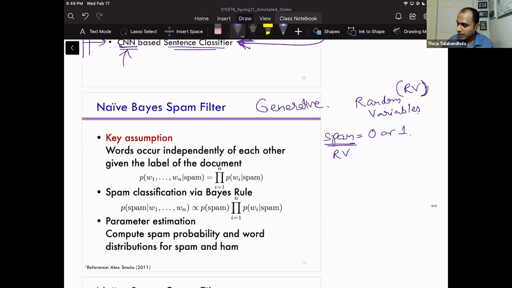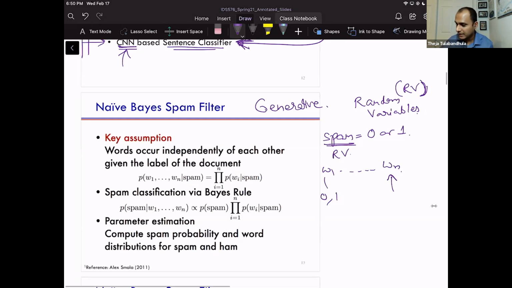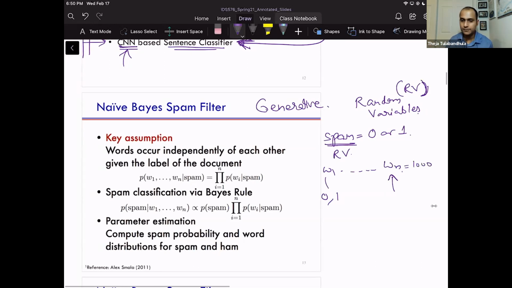Then the input is going to be W1 to Wn, and each one of them is going to be an indicator variable, binary, again 0 or 1, of whether the first word in the vocabulary is present in the text or not, and whether the last word of the vocabulary is present in the text or not. So this little n is 1,000, the vocabulary size.